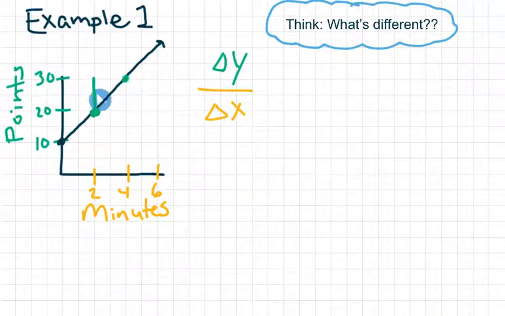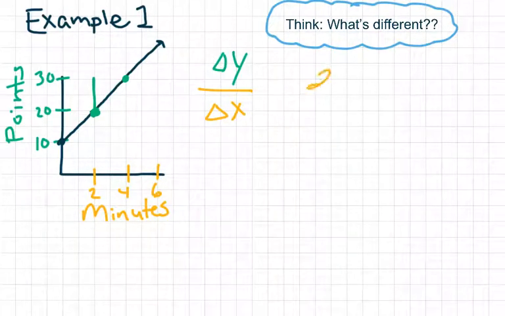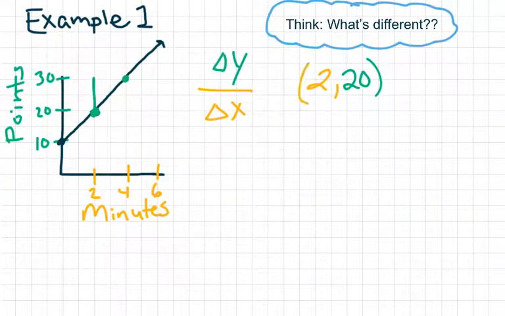So I moved from 20 to 30. And I know that when I'm finding the distance, I'm finding the difference between 30 and 20. Let me color code this correctly. My first point was (2, 20) that I'm using. That's this point right here.